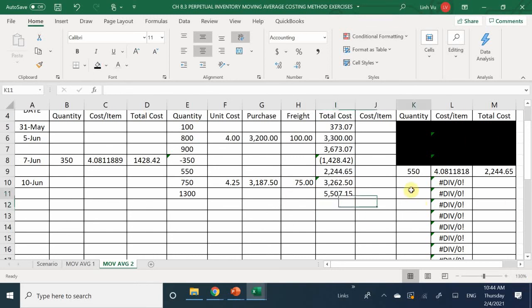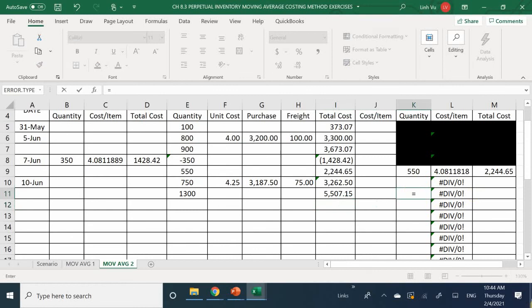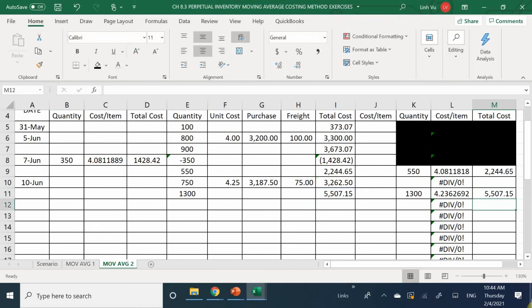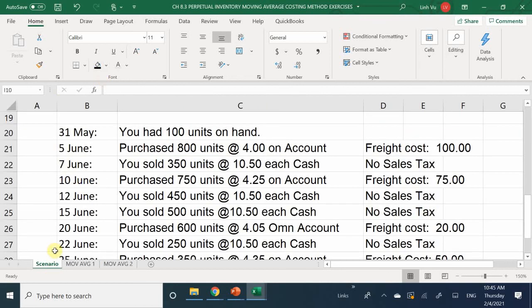And then lastly, what is my average cost per item going to be? 4.2362. So now we've increased our average by almost 20 cents, less than 20 cents. All right, almost there, guys.